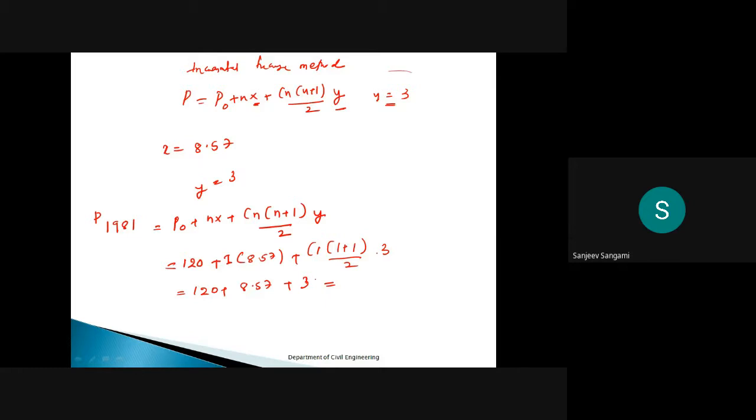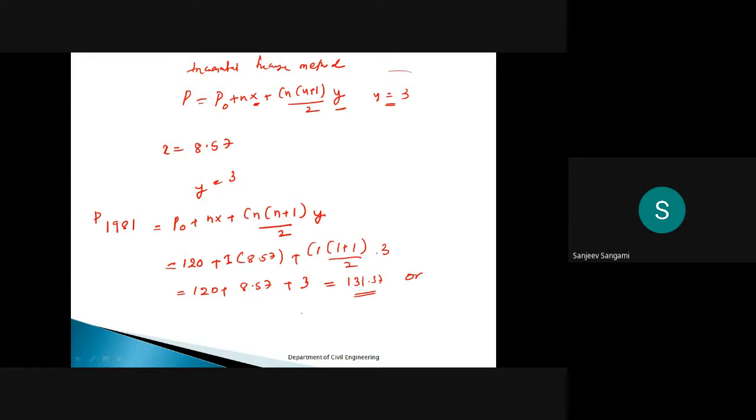So then I'll get the population at 1981, that is equal to 120 plus 8.57 plus 3, that is 131.57 will be the population.